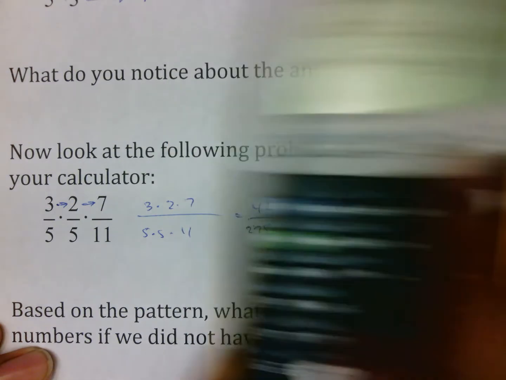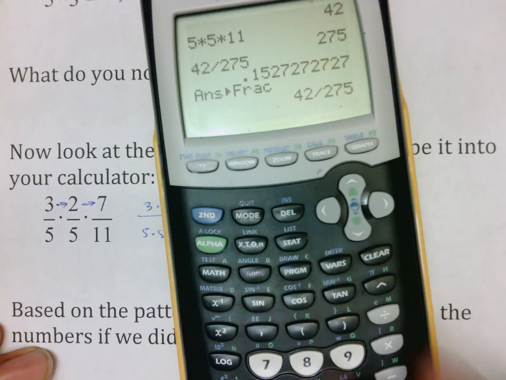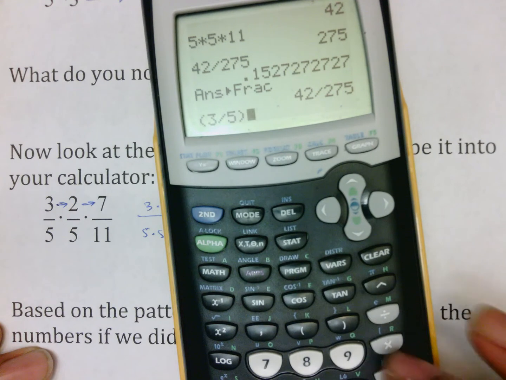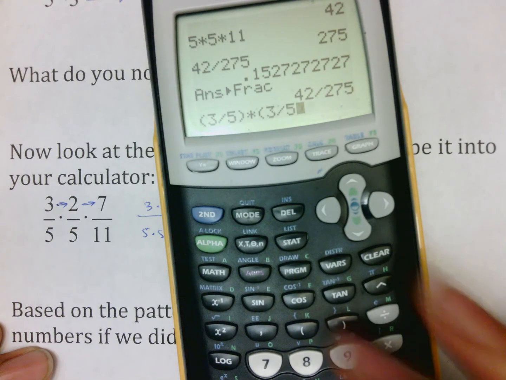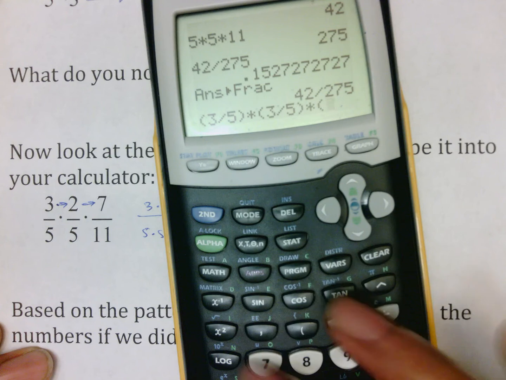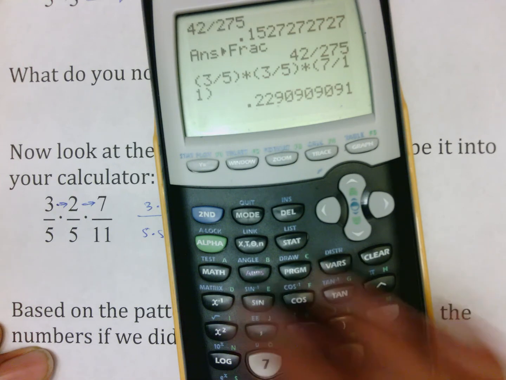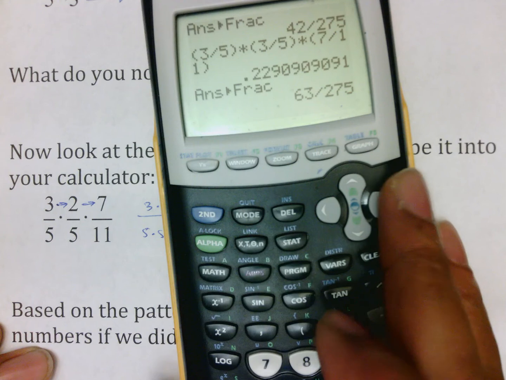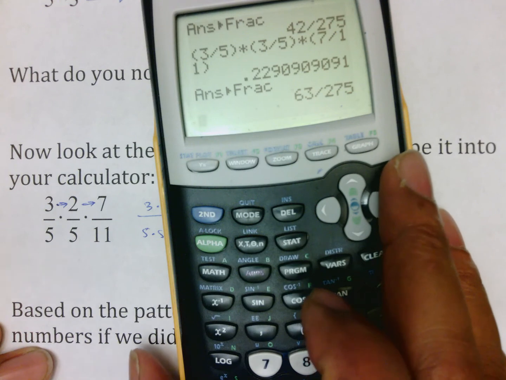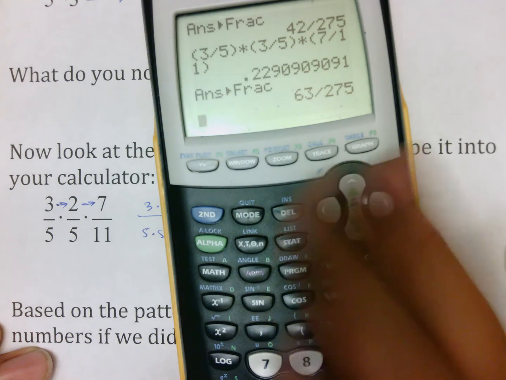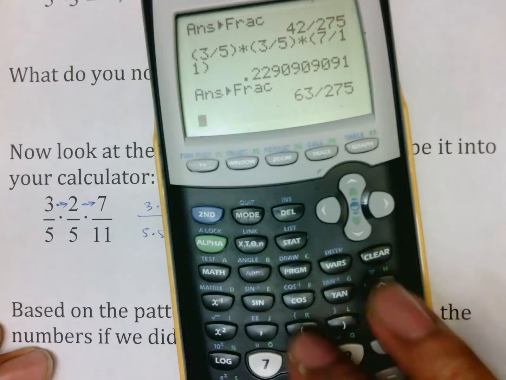Something weird. Anyway, I messed up, of course, because I didn't put the 2/5 there.